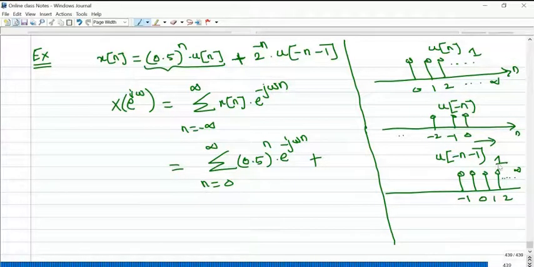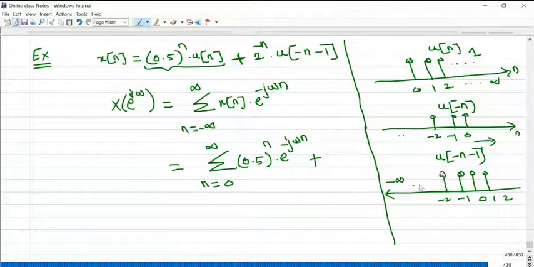Sorry, minus n, okay. Minus n minus 1. Okay. So from minus infinite to minus 2 up to like this, up to 1. So minus infinite to 1.